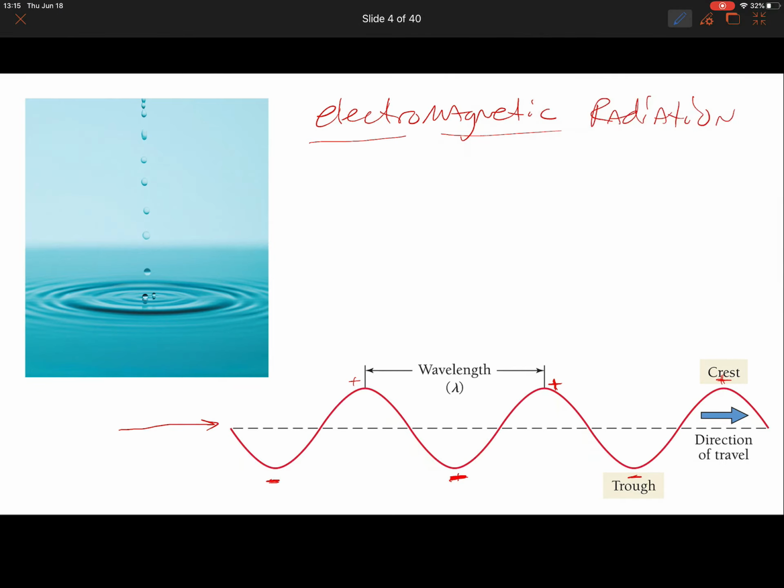Now, there's also a magnetic component that travels perpendicular to that. So if you can kind of imagine this dotted line coming in and out at you. So I'm going to make it really dark here and say this is coming out at us, and then it's going back into the distance, and then it's coming out at us here, and then going back into the distance here, and then coming out at us here. Can you imagine that?